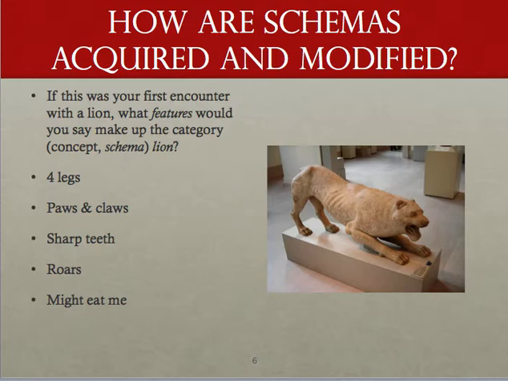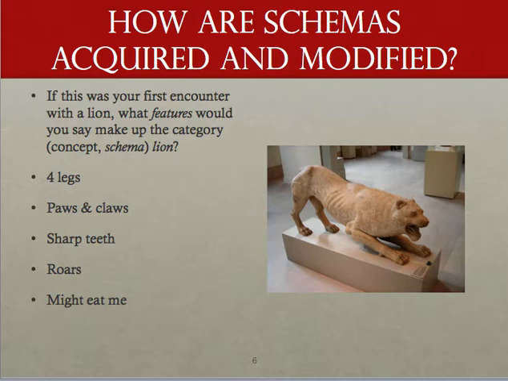So anyway, back to our lion. If we look at this lion, you can see a lot of things about a lion, but there is one particular thing that we know, given our experience with lions, might not be exactly accurate. Let's imagine if this lion were the first one you ever encountered and you needed to make a category. You may create a mental category of lion that might have these features that are listed on the screen.